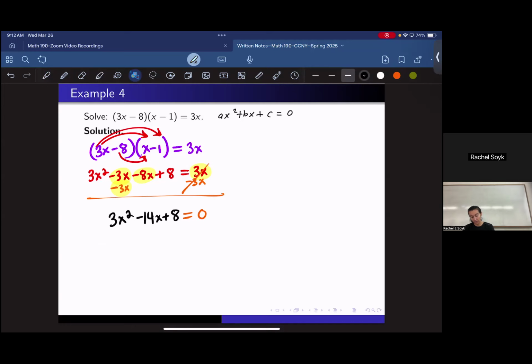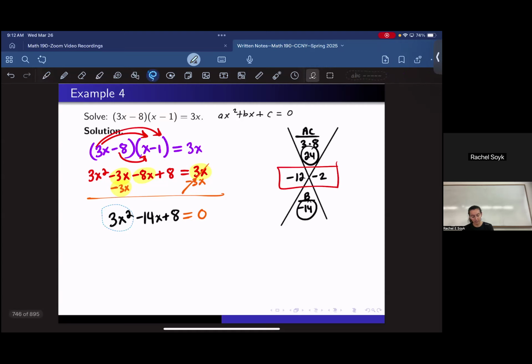Now we can factor. We'll factor using our whole AC method. Our A is 3, our C is 8, the product is 24. Our B is negative 14. What are factor pairs of 24 that add up to negative 14? We have a negative 12 and a negative 2.